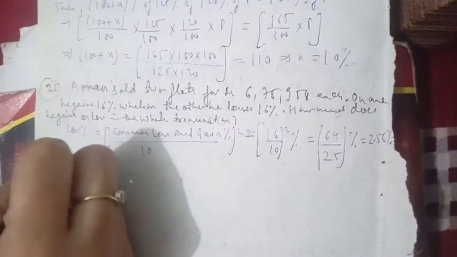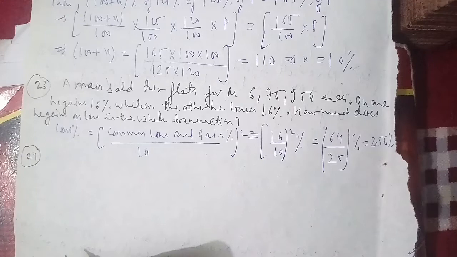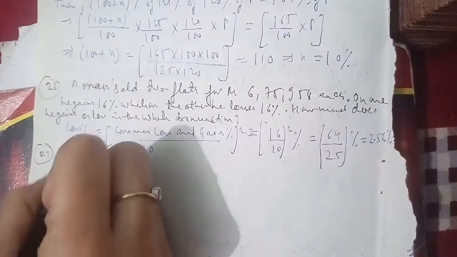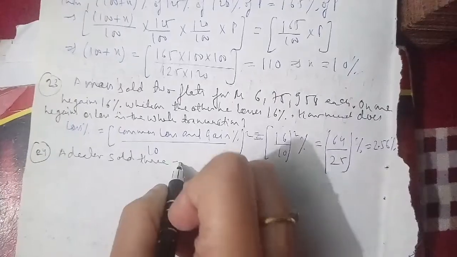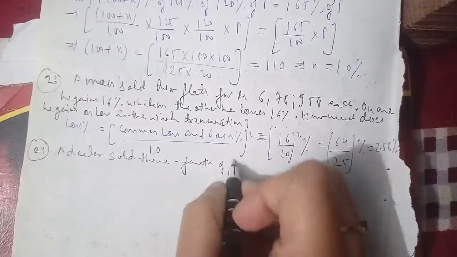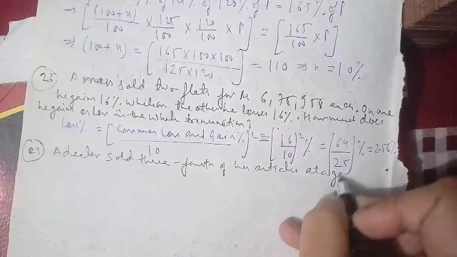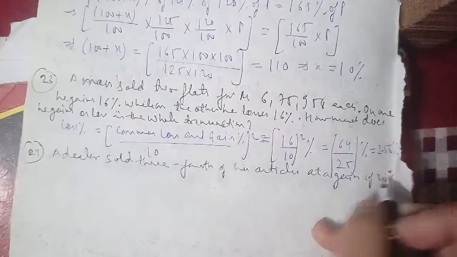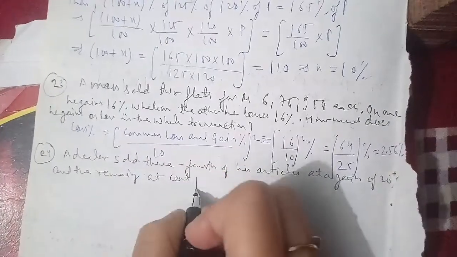That is the 24th question of the session. So the question is: a dealer sold 3/4 of his articles at a gain of 20% and the remaining at cost price.